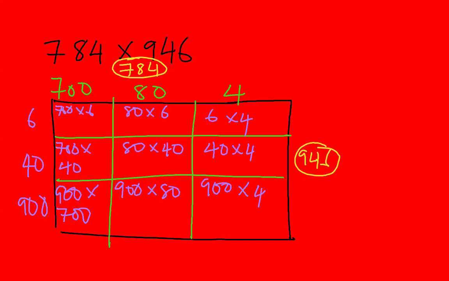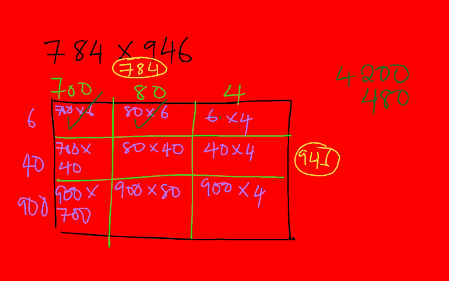So the first one, each one I get, I put a check. This is a different color. So 700 times 6 is going to give me 4,200. Good. Then this other one, 80 times 6 is going to give me 480. Good.